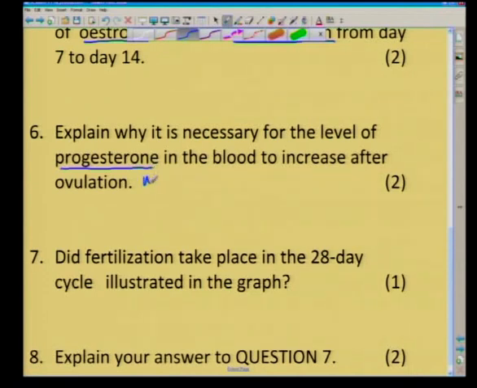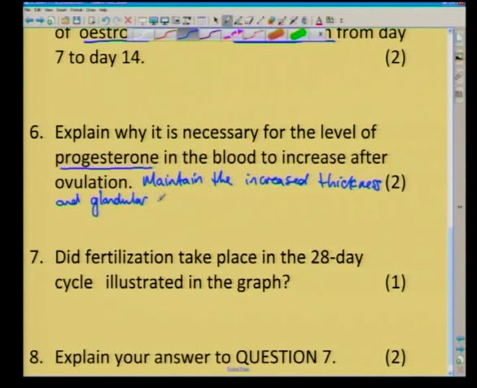It has to maintain the increased thickness and glandular activity of the endometrium. It's got to make sure it stays thick and that those glands are working.